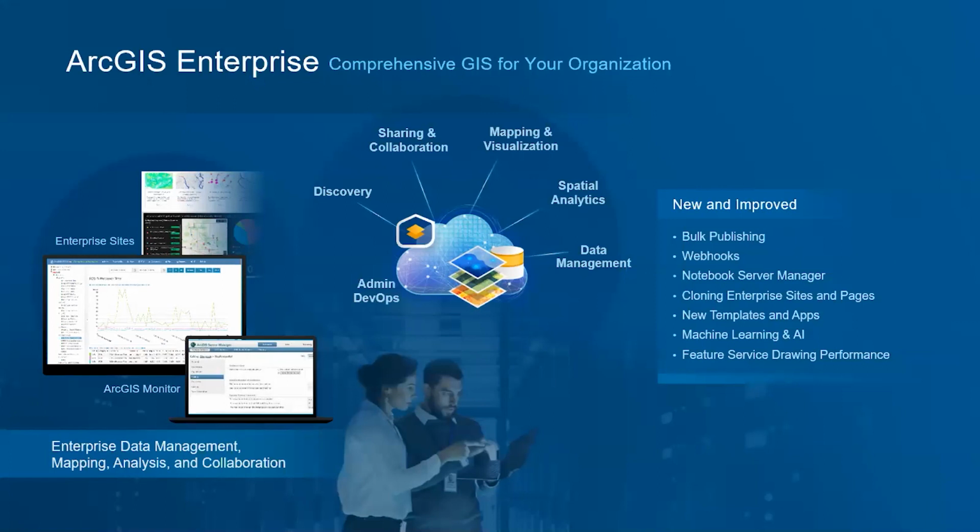The biggest difference between ArcGIS Enterprise and ArcGIS Online is the fact that ArcGIS Enterprise gives you complete control over your deployment. It can be run on a single server machine or scaled across many machines in the cloud and on premises and in virtual environments.